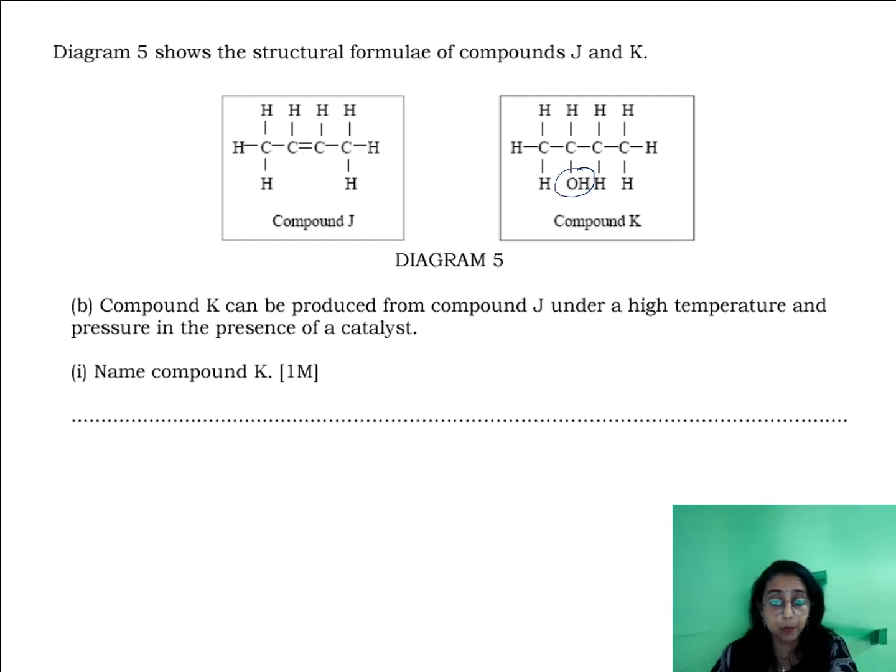So what's the name of the alcohol? You have to keep the numbering for the longest carbon chain. 1, 2, 3, 4. So 4 will be butane. Remember, the E we take out and we specify the location. Ending will be ol. The location here is 2. So butan-2-ol.